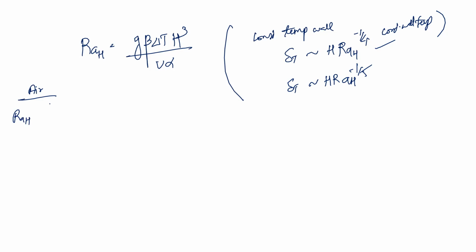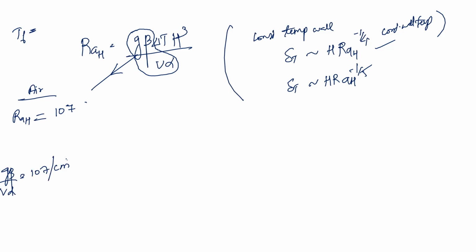First we can calculate g beta by nu alpha, using the thermal properties at the bulk fluid temperature T_f. From the properties we can calculate, this value comes to be 107 per centimeter cube Kelvin.